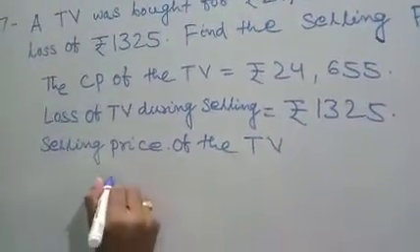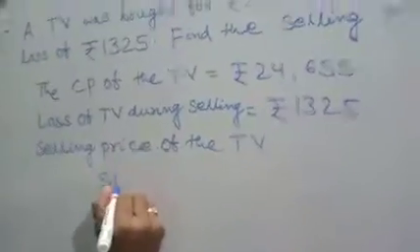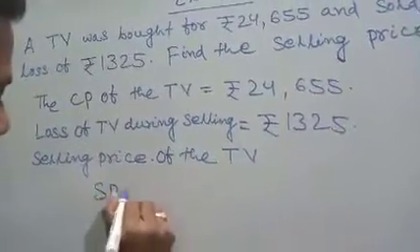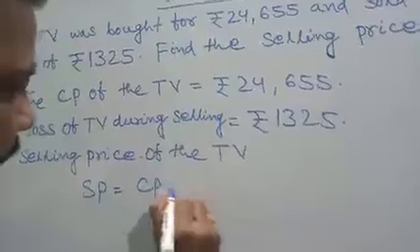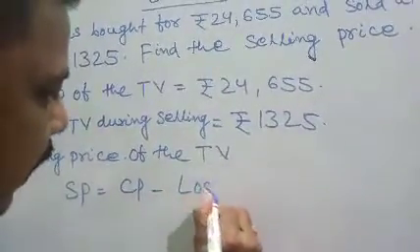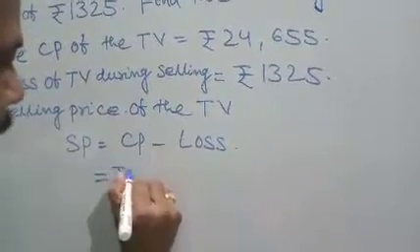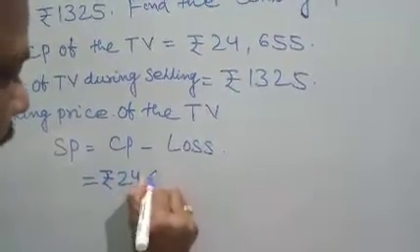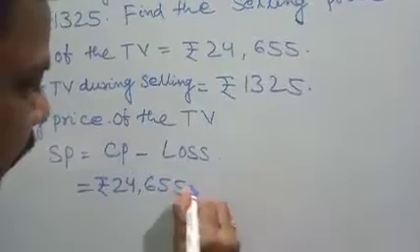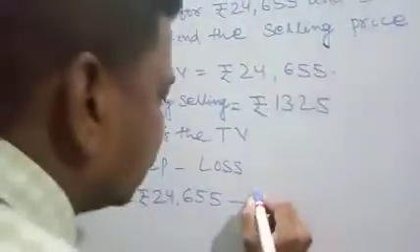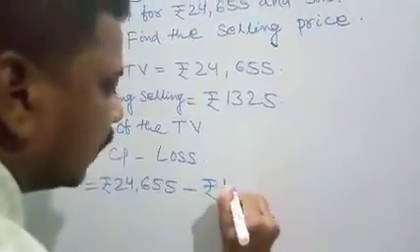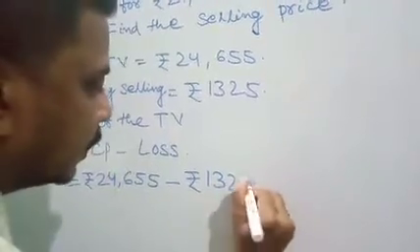So first write the formula: SP equal to CP minus loss. Now put the value for CP: 24,655 rupees minus 1325 rupees.